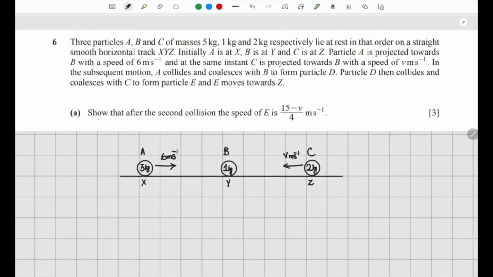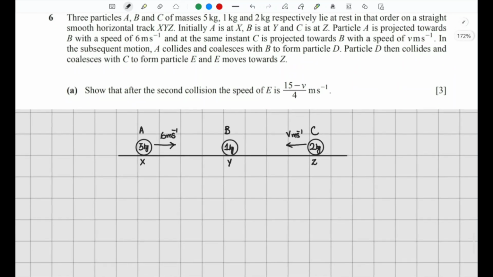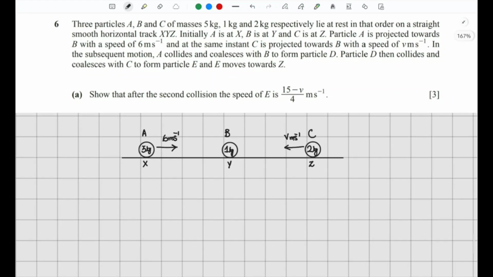Okay, and in the subsequent motion A collides and coalesces with B to form a particle D. So that means this is before collision scenario, and now we have to make what is after collision scenario. So let's copy this and rearrange it in some way.